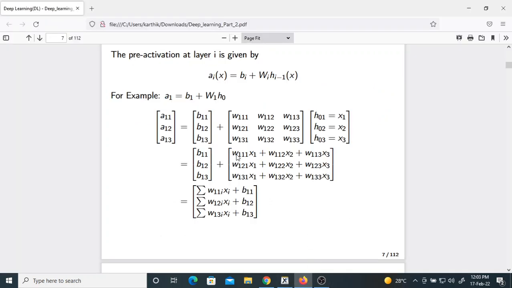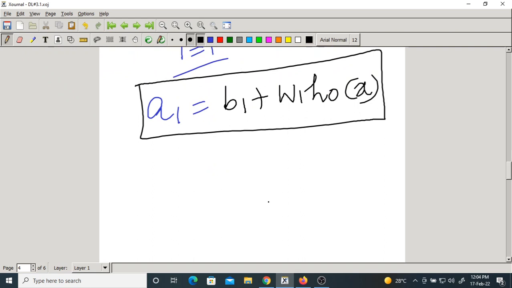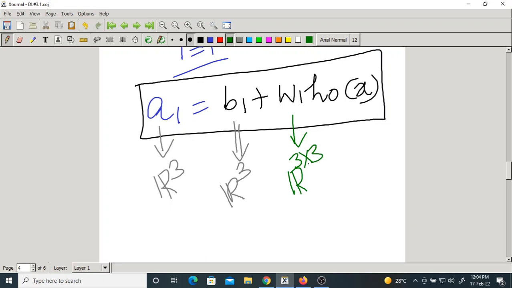Now, A1 equal to B1 plus W1 h0. Please remember, this belongs to R3. It also belongs to R3. So this belongs to R3 cross 3. It also belongs to R3.